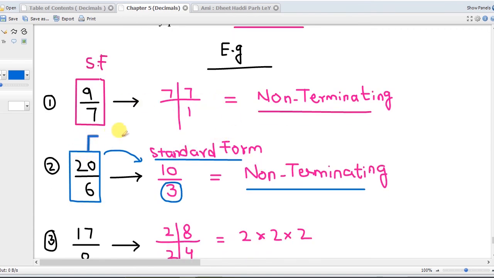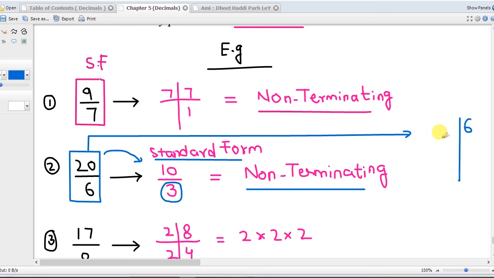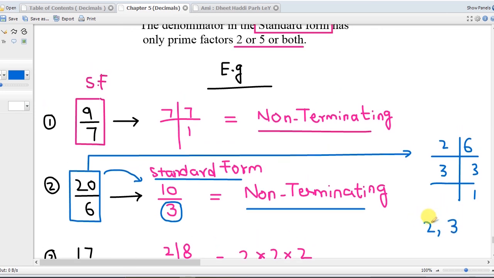Okay, one more thing. Let's just suppose that this 20/6 had already been written in the standard form, and start making the factors of 6. We get 2 times 3 is 6, so the factors we are getting are 2 and 3. In this case, I am getting a factor 2, right?